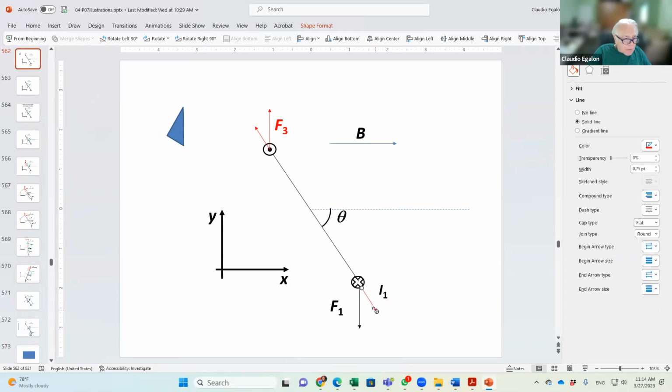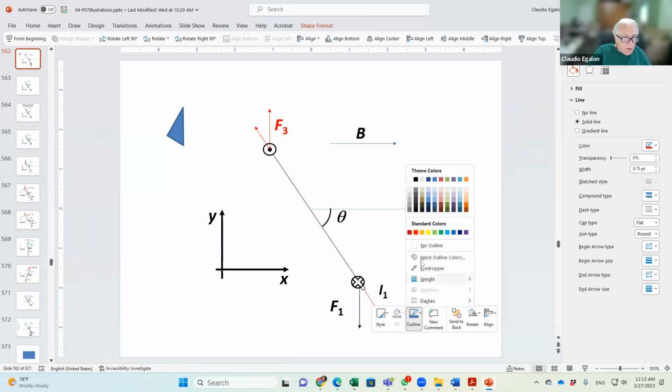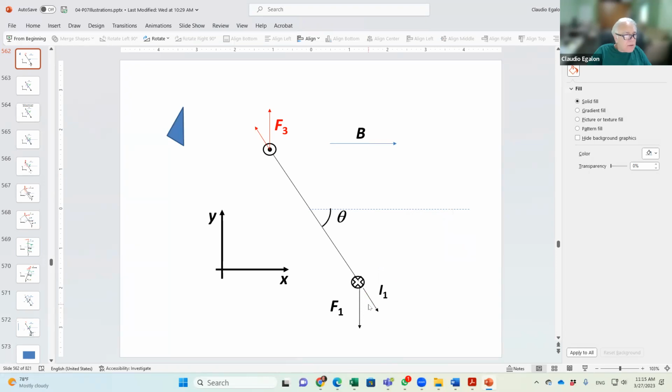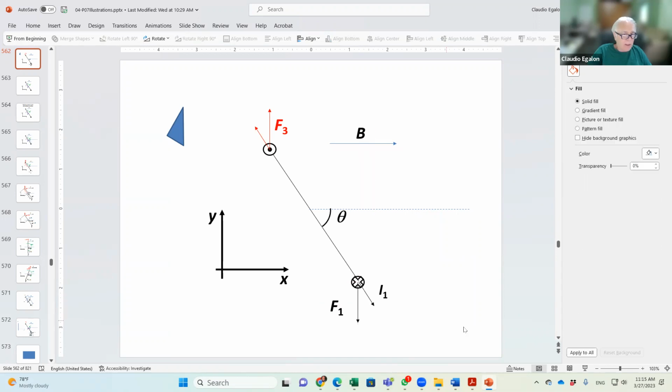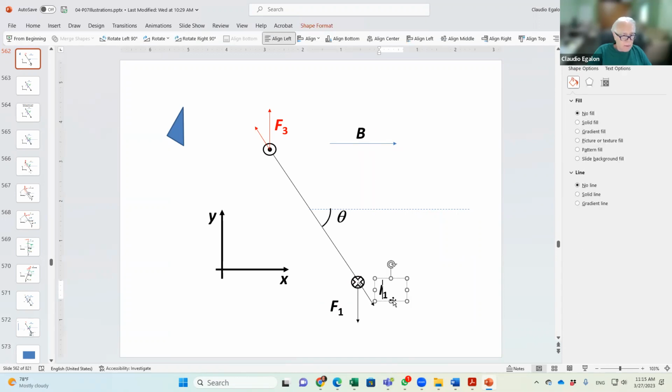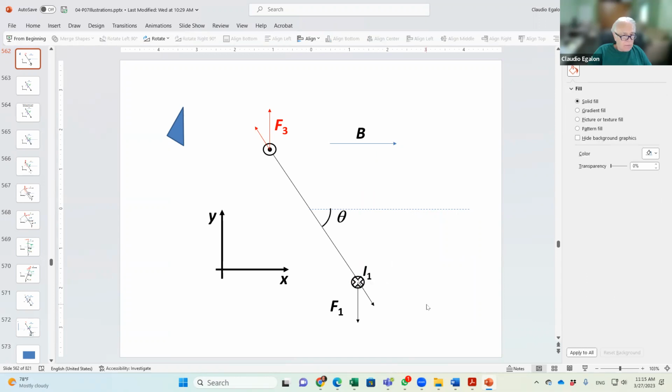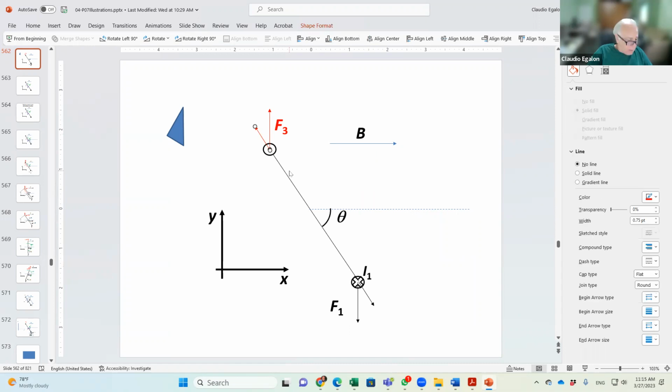Same thing here, right? F1. I'm going to put it in black color to be consistent. And those forces I'm going to put right here in the middle of the current carrying wire. I1 is into the board. Here's the component of the force. And then we're going to have another component of the force that's going to be perpendicular to this wire.